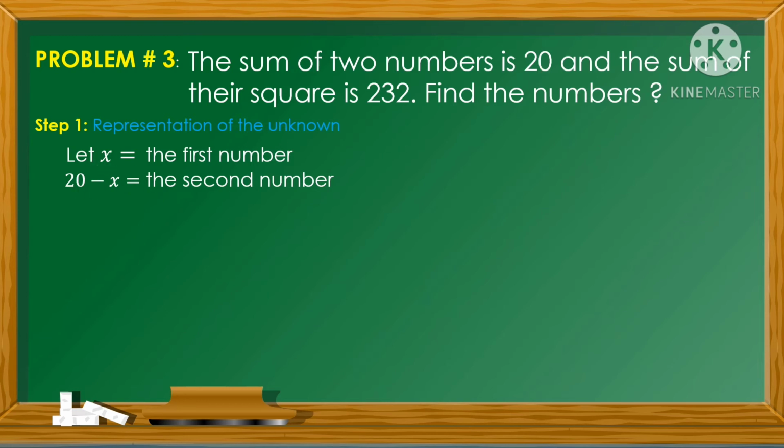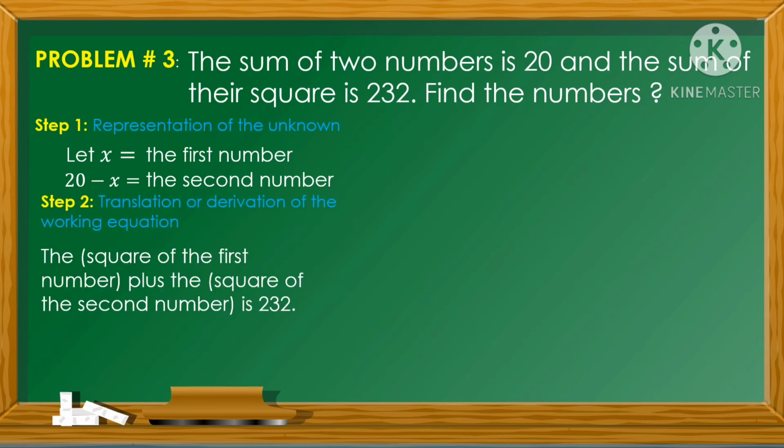Okay? Then, the second simple sentence says the sum of their squares is 232. That will be the basis for our working equation.